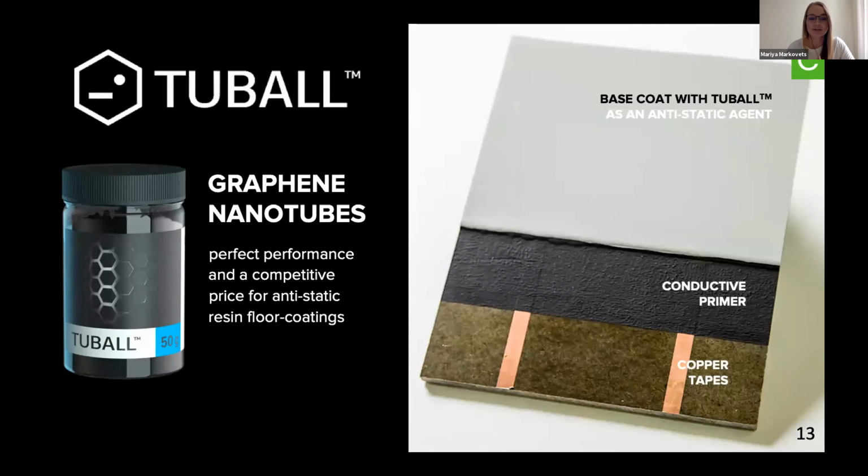The solution that OCSiAl offers to the market, tubal graphene nanotubes, shows perfect performance and a competitive price, and we expect that with this additive, the material with tubal will take a large market share. At the same time, this will fuel the market growth in accordance with the mentioned scenario or even faster.